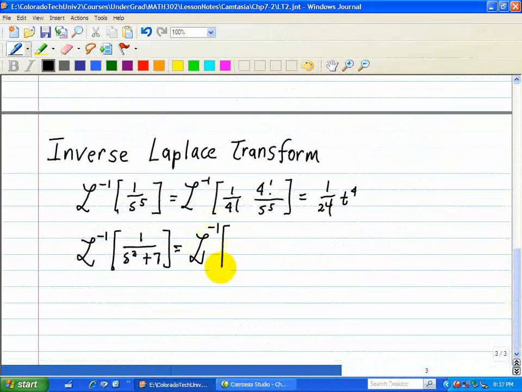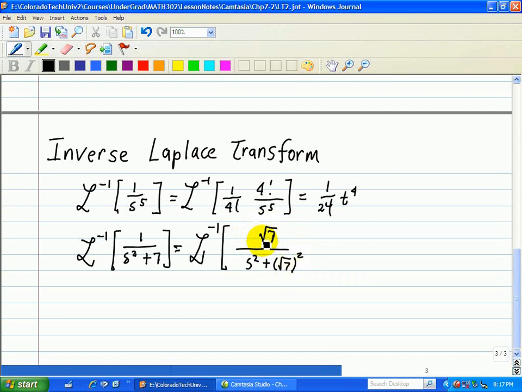So in other words, we'll take this function 1 over s squared plus 7 and we'll put a square root of 7 on top and s squared plus square root of 7 squared, because square root of 7 squared is just simply 7.